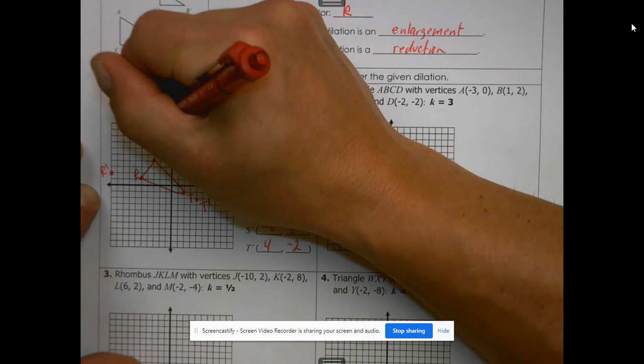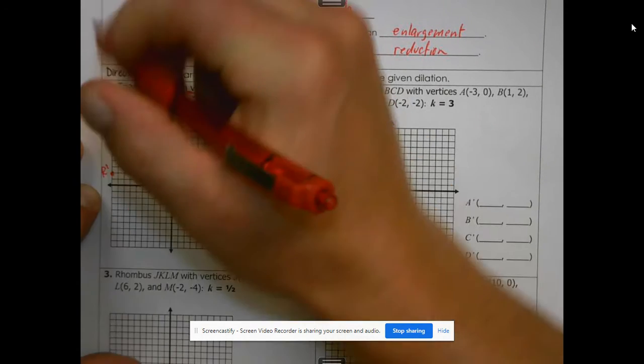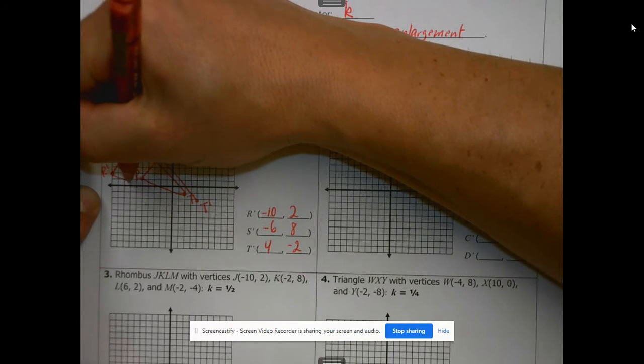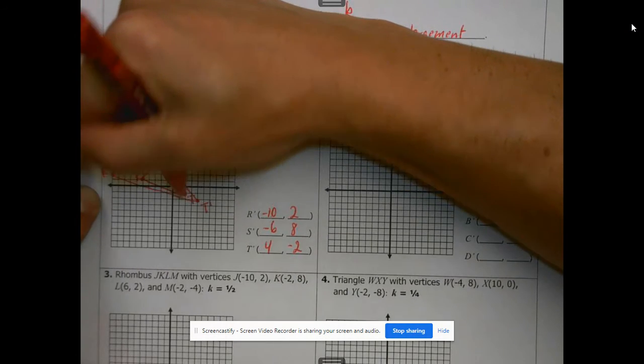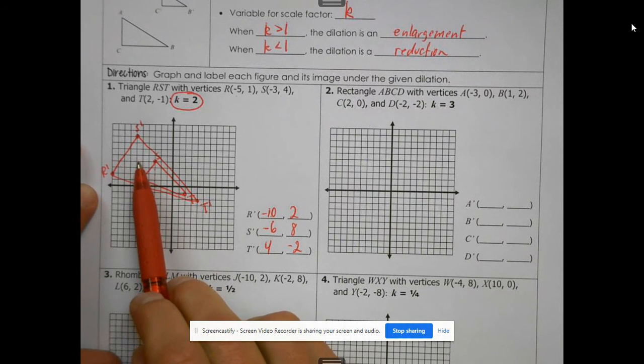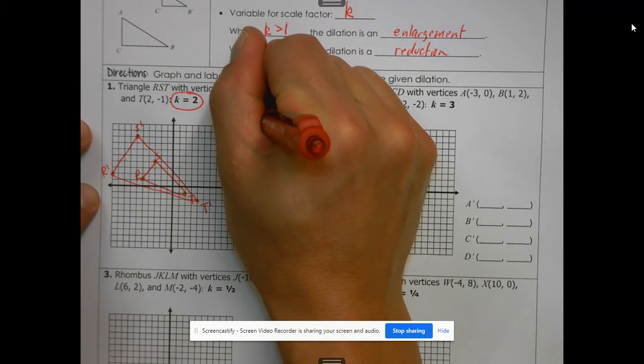Connect the new points. And sure enough, our image got a lot bigger than our pre-image. So this is an example of an enlargement.